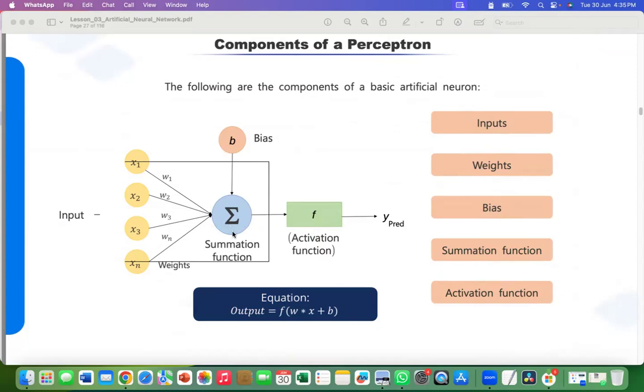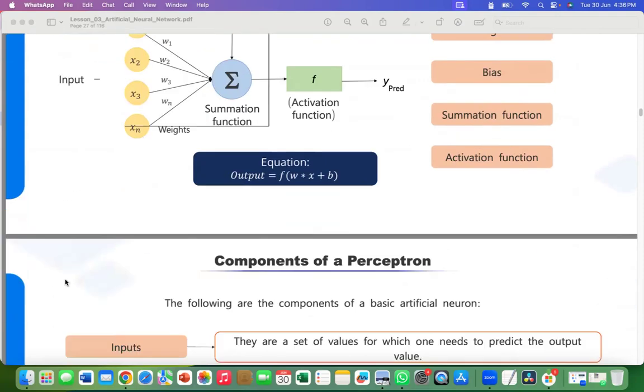And b is the bias. Activation functions. Then ultimately, this is the output prediction, right? So output is equal to f(w x plus b). So input, weight, bias, summation function, and activation function are the components.